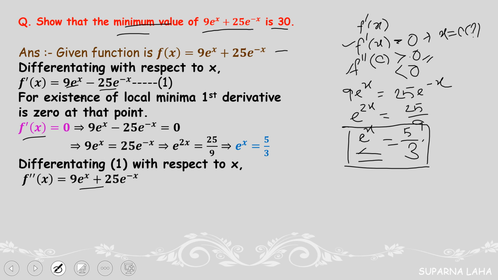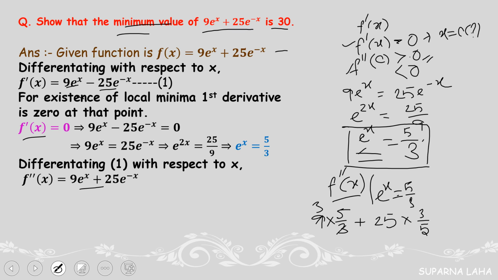Now if I check f double dash x for e to the power x equal to 5 by 3, that is, put e to the power x equal to 5 by 3 in this double derivative, we will find 9 into e to the power x, that is 5 by 3, plus 25 by e to the power minus x, that is 3 upon 5.